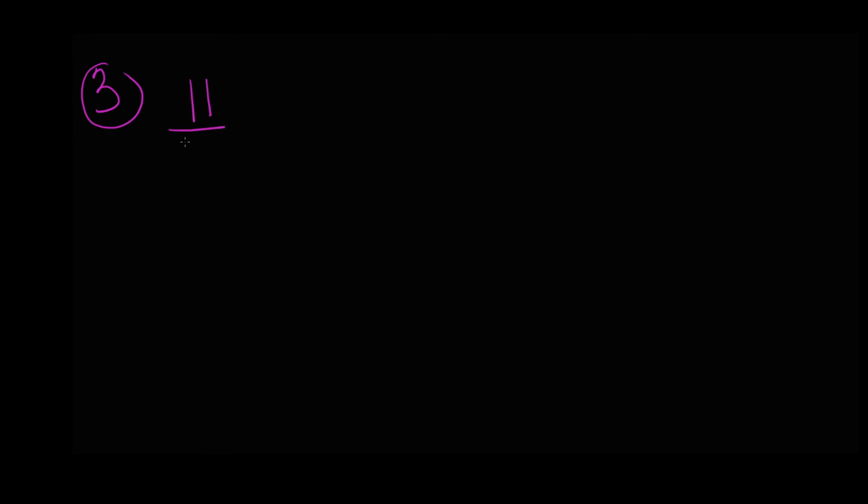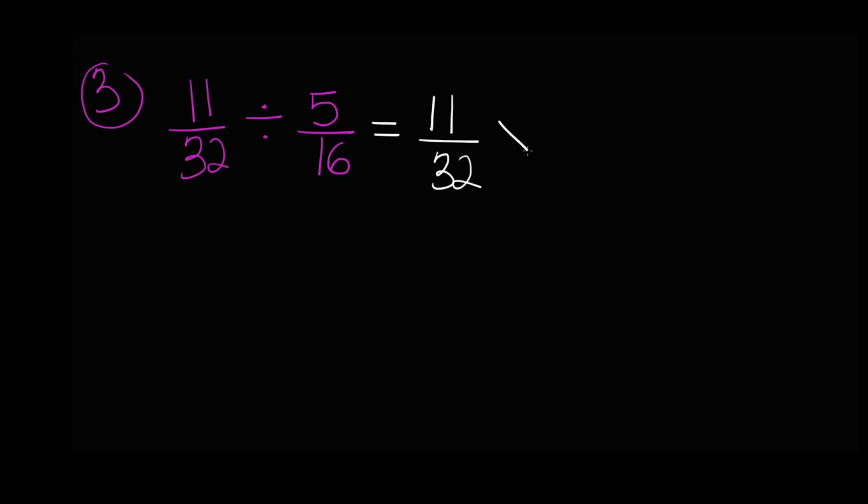11 over 32 divided by 5 over 16. The first thing you want to do is to rewrite this way, 11 over 32. Change your division sign to multiplication sign, and then invert the second fraction. 16 over 5, right?